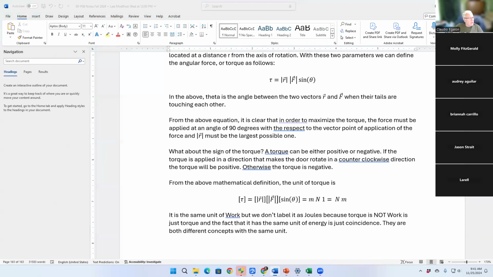Just like the definition of work or energy in general, okay? Here you go. Force is here, displacement is here, which has a unit of meter, and position is here, which also has a unit of meter. But look at this term. This term is cosine. The other is a sine.